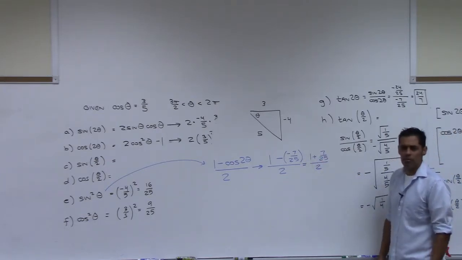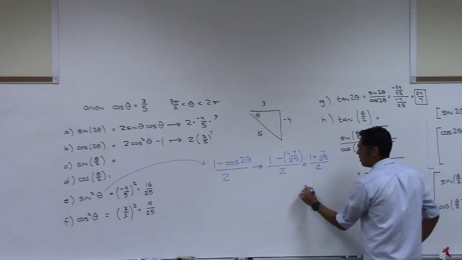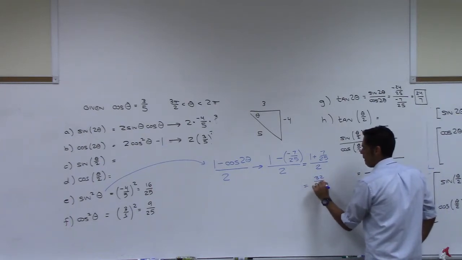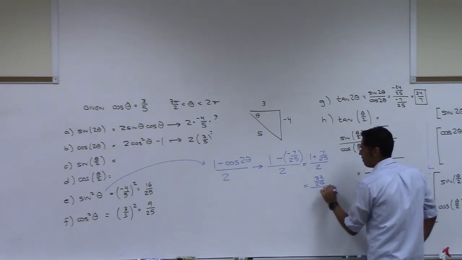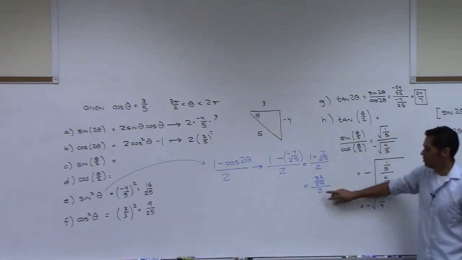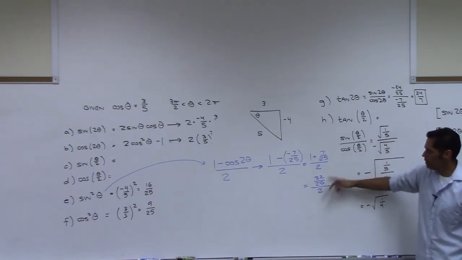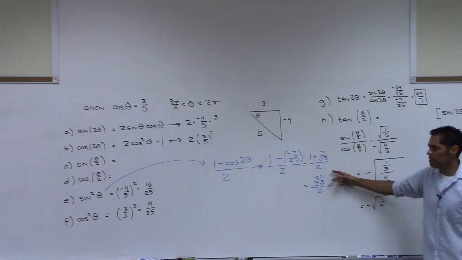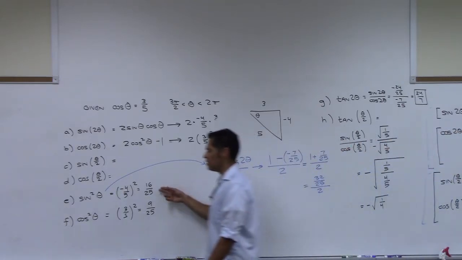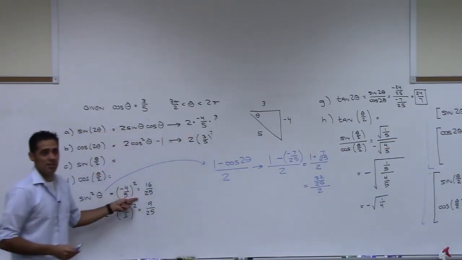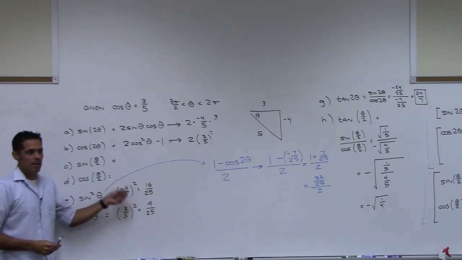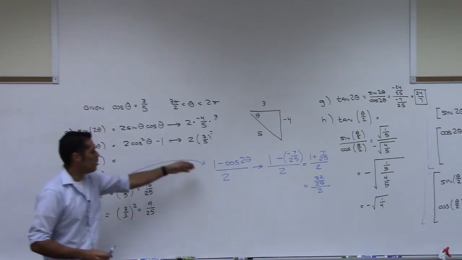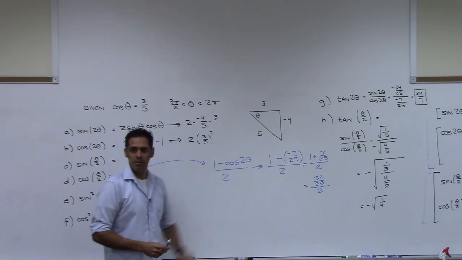You get 32 over 25 on top. But then all of that divided by 2. And when you do that and write that as 2 over 1 and flip it, what do you get? 16/25. So you get the same answer. So this is by far the easier way to go, right? But I'm just showing you how you could have used that formula to get it also.